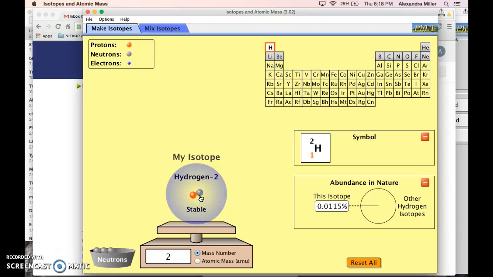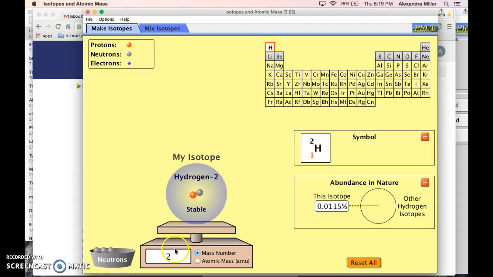And then those atoms have a mass number of 2. Okay, that is the general relationship between atomic mass and mass number.